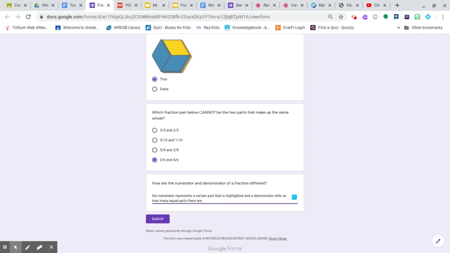So again, the denominator is how many parts there are. So let's just say it was a half. So 2 means those are the 2 equal halves, 2 equal parts. And then the 1 for a half would represent a certain part that is highlighted. Either it's shaded in or it's colored in.